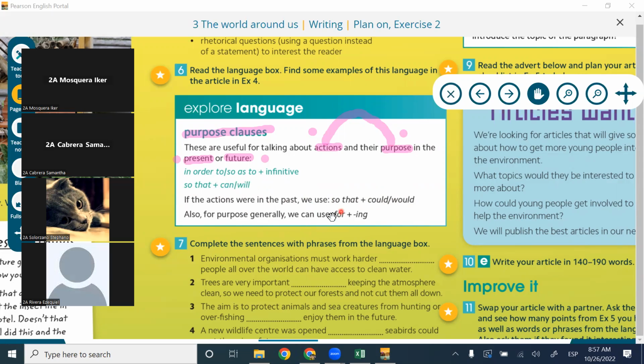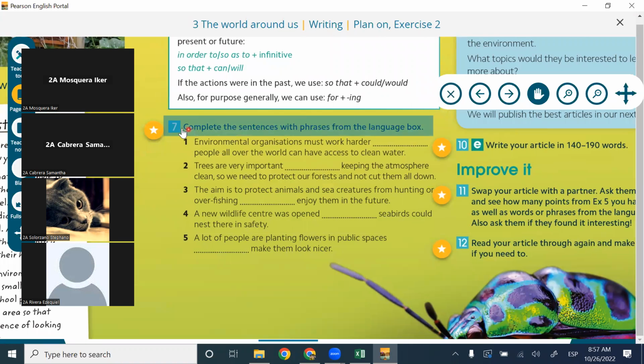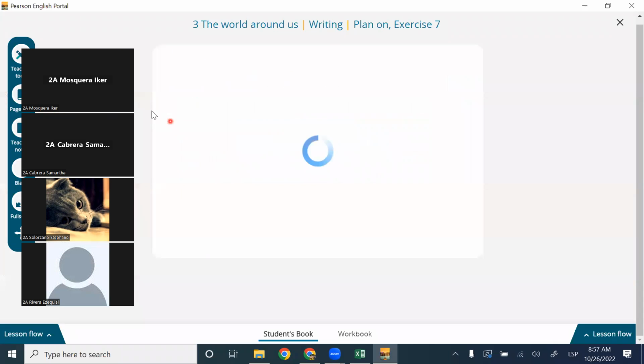The other one that we can use is for helping, for protecting, for caring, for speaking, for only to express the purpose. Those are the purpose clauses that we are going to use in activity number 7. Activity number 7, Estefano Solórzano.